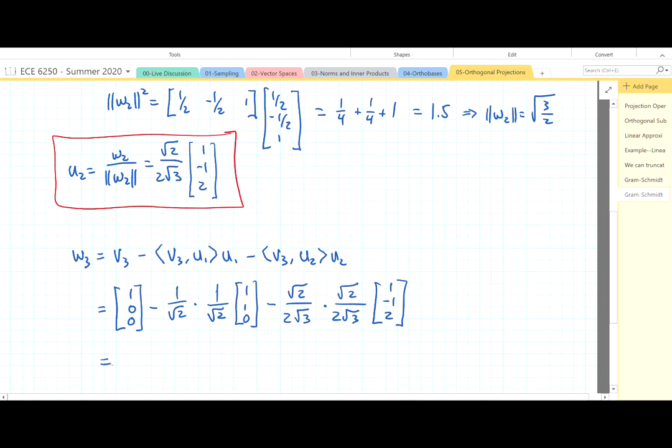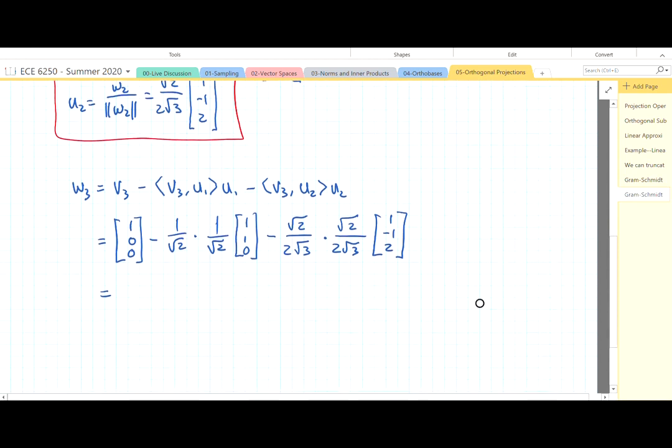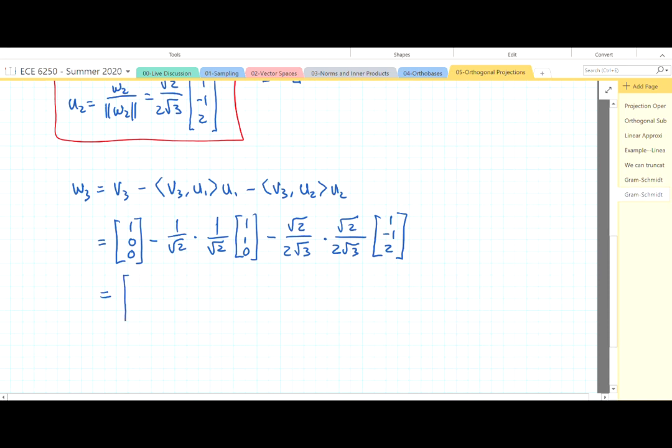So we get a half. This term with all the square roots of 3 and 2 and so on comes out to be 1/6. And so it's going to be 1, 0, 0 minus 1/2 times 1, 1, 0 minus 1/6 times 1, minus 1, 2.